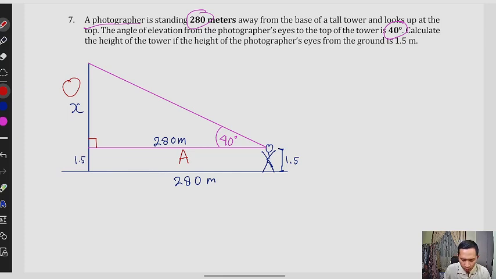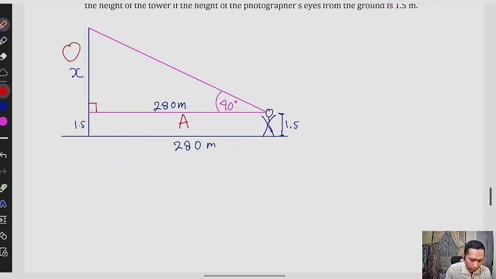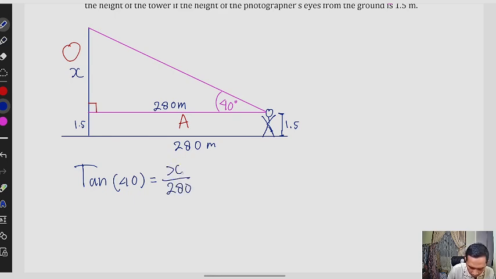Adjacent and opposite, we can use TOA, tangent. So tangent 40 equals opposite over adjacent, so x over 280. To find x, we just multiply tangent 40 with 280. So 280 times tangent 40.